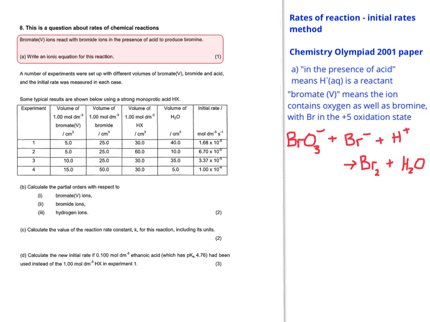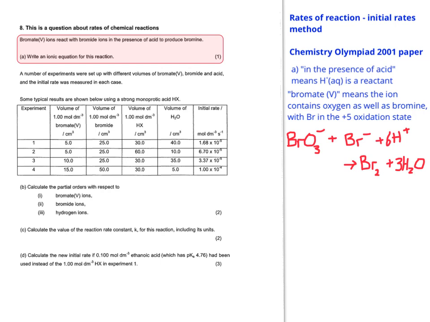So now what I need to do is look at balancing it. So first I balance my oxygens by putting in 3 H2Os. That now means I've got 6 H pluses, but I need to balance the charges on the left-hand side. I've only got 2 minuses.